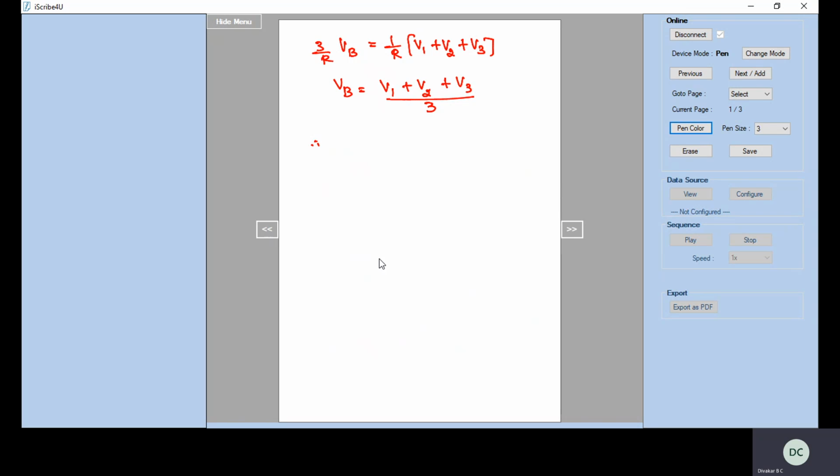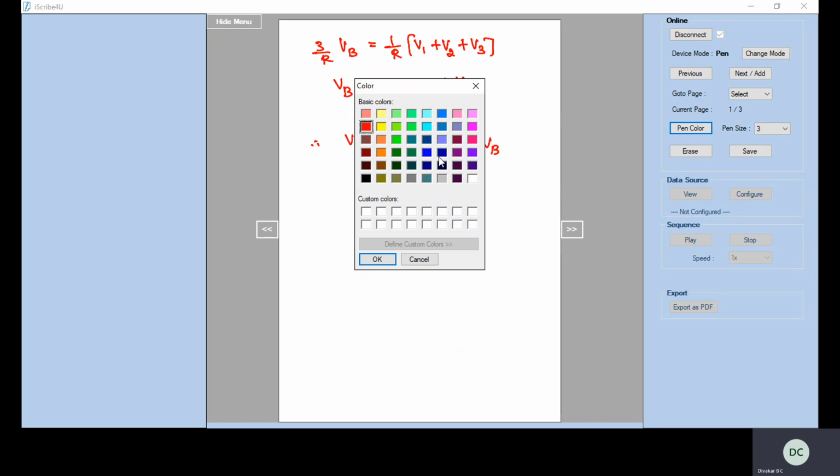We know the output expression is V0 = (1 + RF/R) × VB. Now substitute the value of VB in this equation.